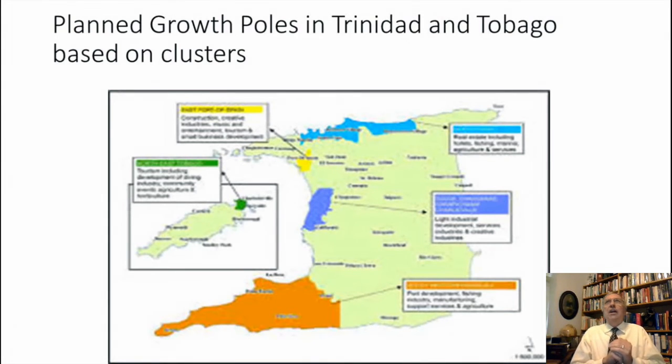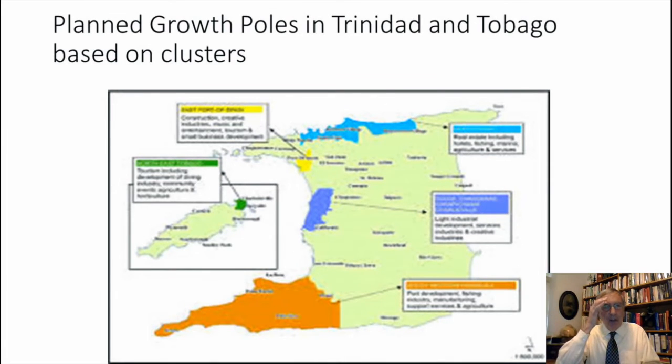So given that industries tend to develop in clusters, if you're in an African or Latin American country and you want to develop your industry, they plan clusters, and they pick cities and say, let's help this city grow into a petrochemical center or whatever.